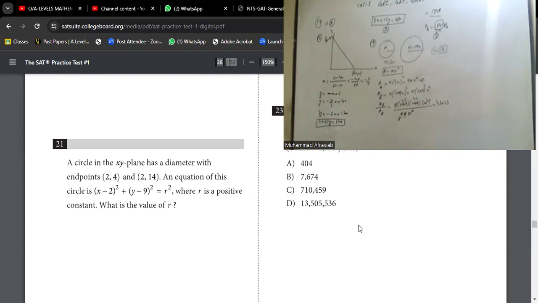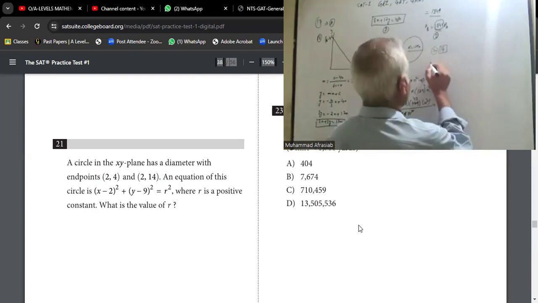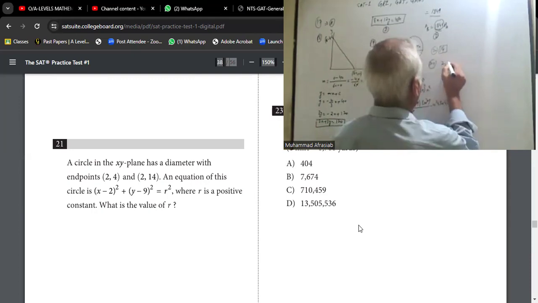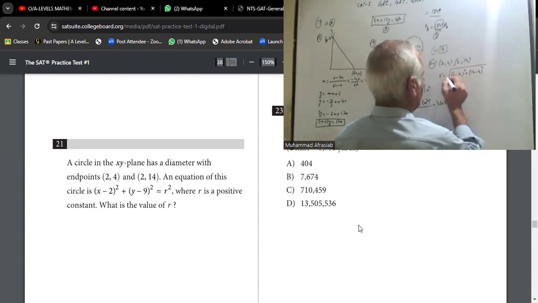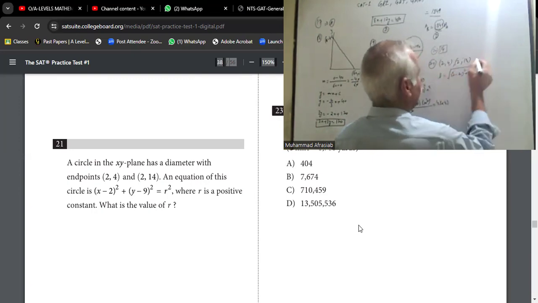Since it passes through the points 2, 4 and 2, 14, these are the endpoints. So the length is the square root of (2 minus 2) whole square plus (14 minus 4) whole square. That is the diameter because they are the endpoints.